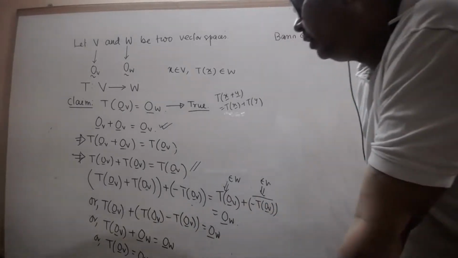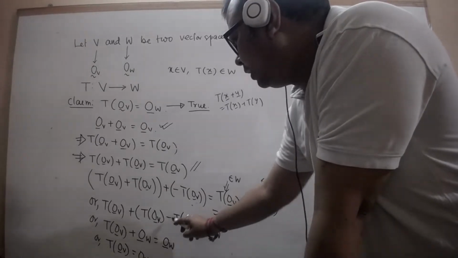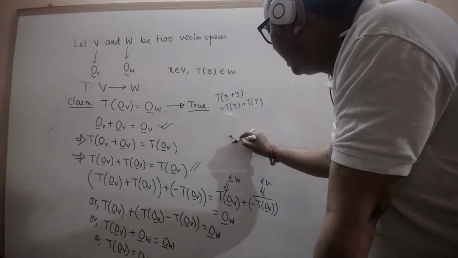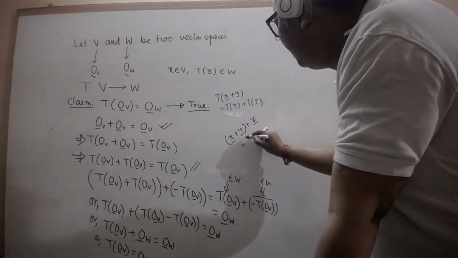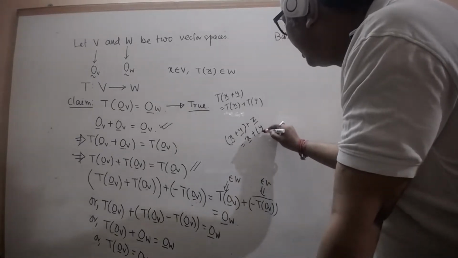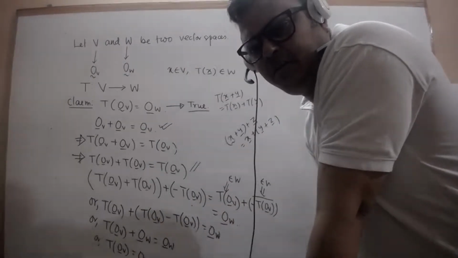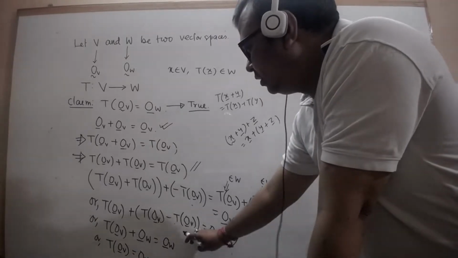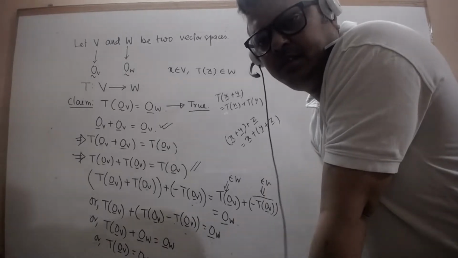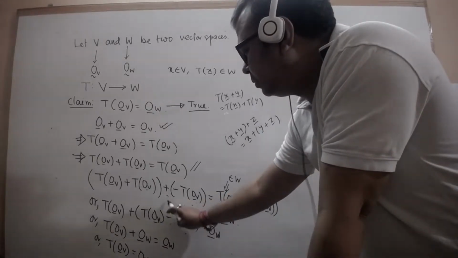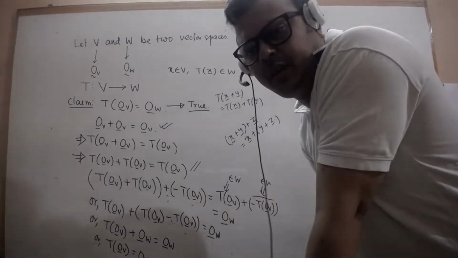Then use the associativity property, that is, (x plus y) plus z gives x plus (y plus z). I use this for this step.